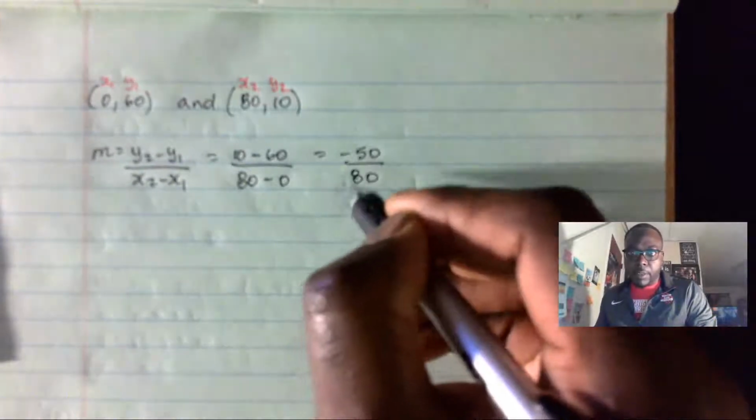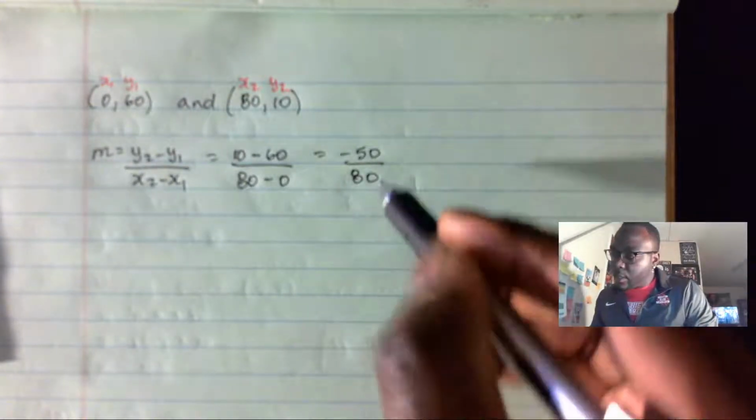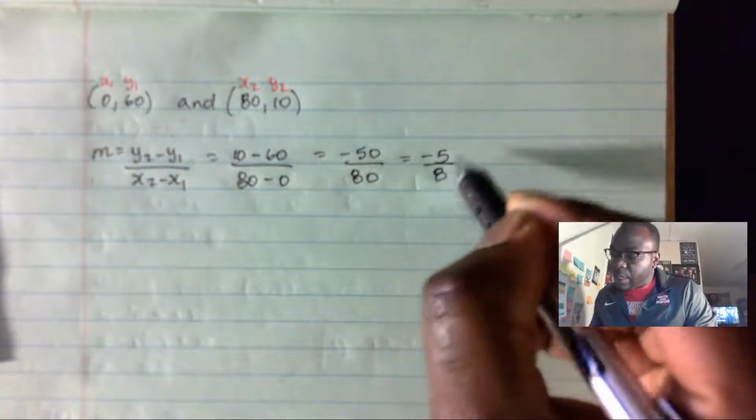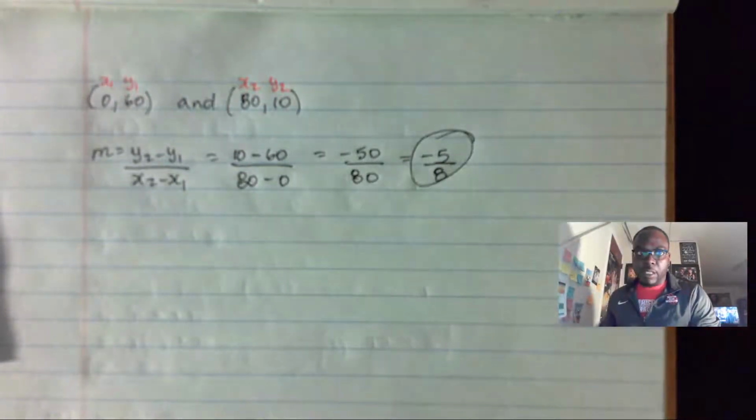So in this case, it's going to be 10 minus 60 over 80 minus 0. So this gives me negative 50 over 80. And you always reduce your fraction here. So when you reduce this, it gives me negative 5 over 8. So I have my slope, negative 5 over 8.